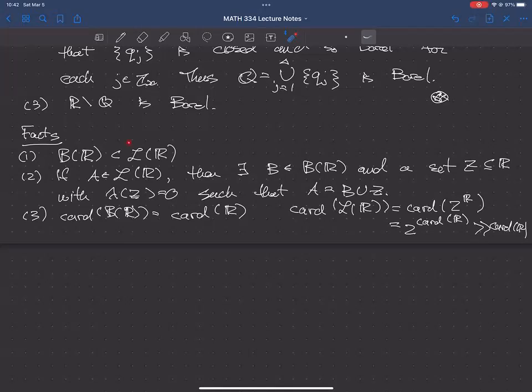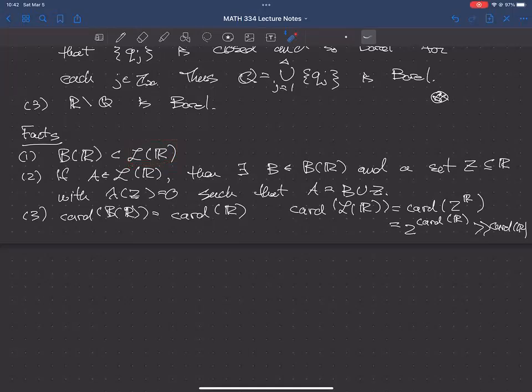Those non-Lebesgue measurable sets are kind of difficult to describe, in the sense that it's hard to get your hands on them, and so they tend to be in some way pathological. But how hard is it to describe a Lebesgue measurable set that's not Borel measurable?